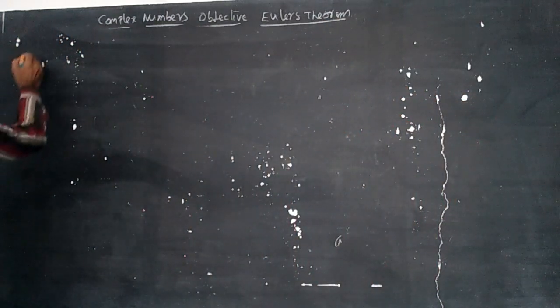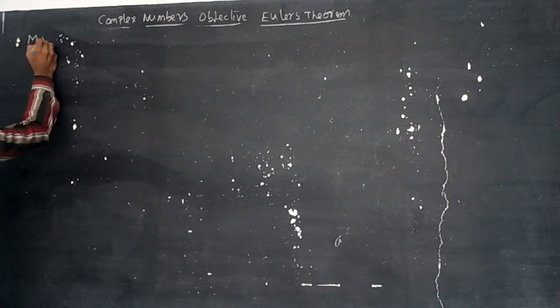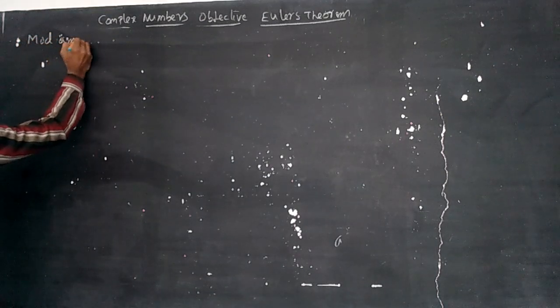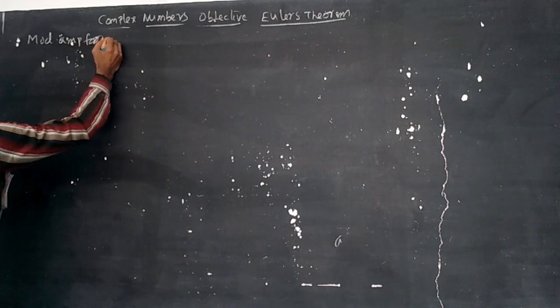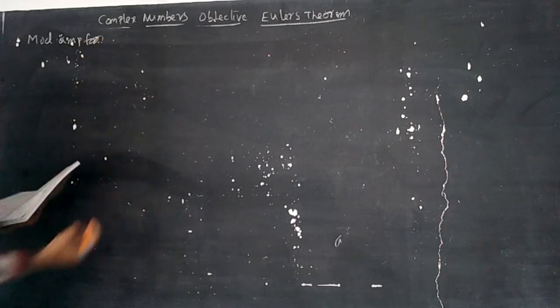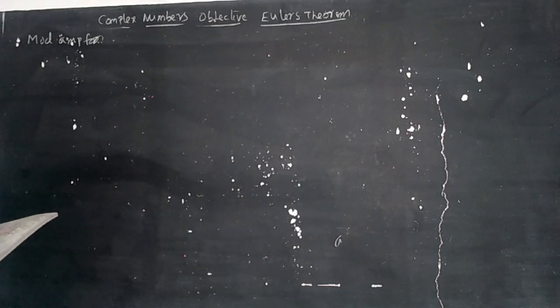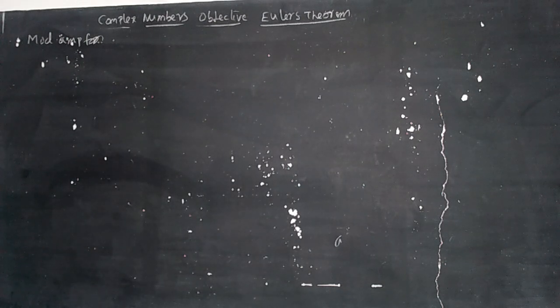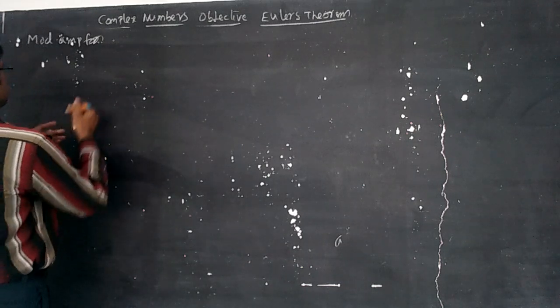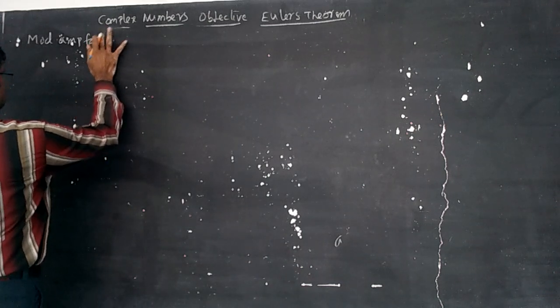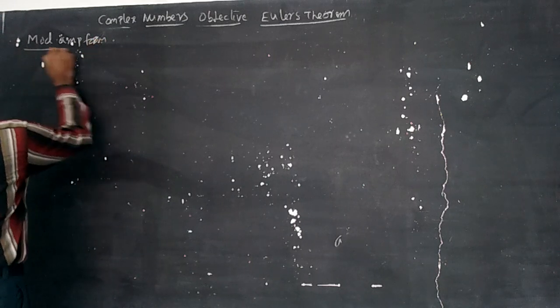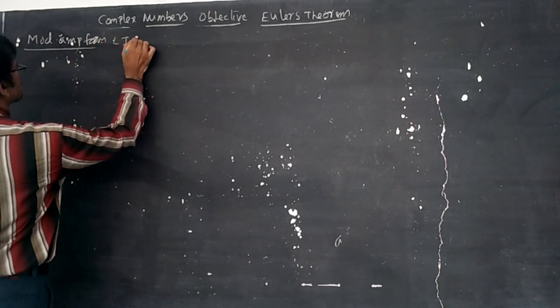Modulus amplitude form, you know that is r into cos theta plus i sin theta, where that is equal to x plus i y, any complex number. Modulus amplitude form, level 1 classwork.